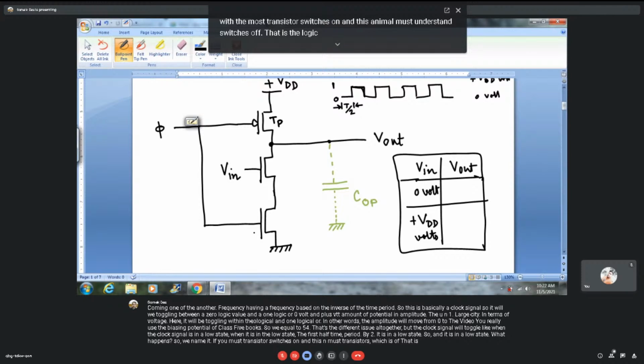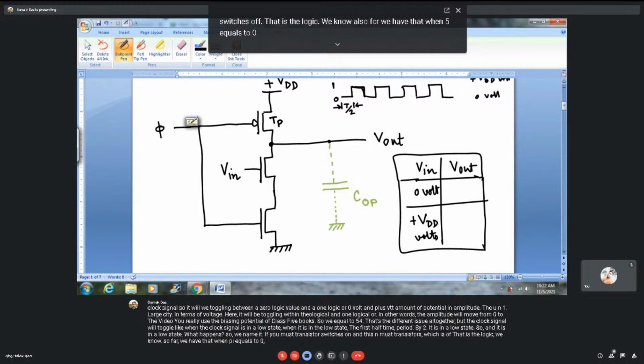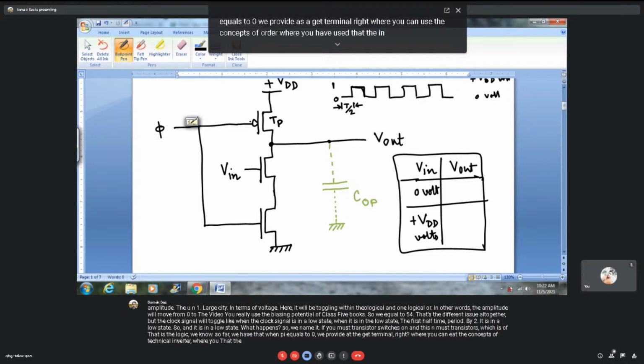Till now we have studied the CMOS level circuit, that when phi equals 0 you provide it at the gate terminal, where you can use the concept of the static CMOS inverter, where the input potential can be either low or high. That low input potential is provided at the gate terminal of a CMOS transistor.